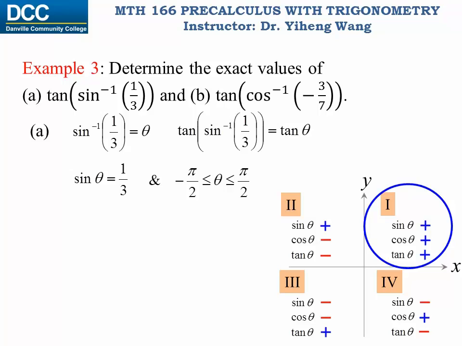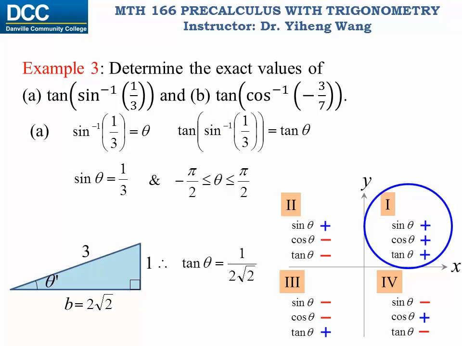So now, based on this information, we can draw our right triangle and use our reference angle theta prime. We calculate this side right here. Therefore, tangent theta, because it's positive, equals positive 1 over 2 square root of 2, which is square root of 2 over 4. And that's the answer to part A of this problem.